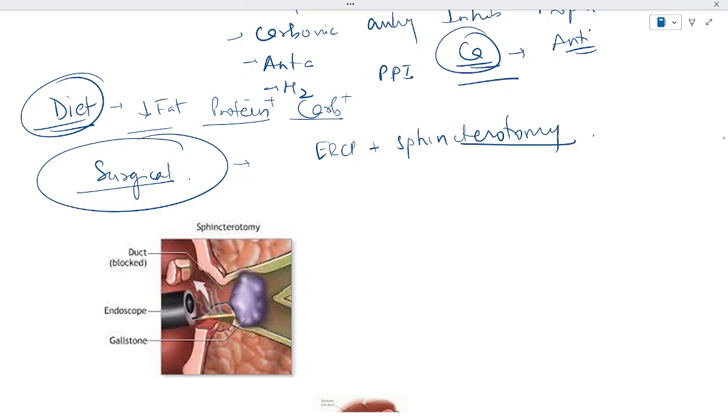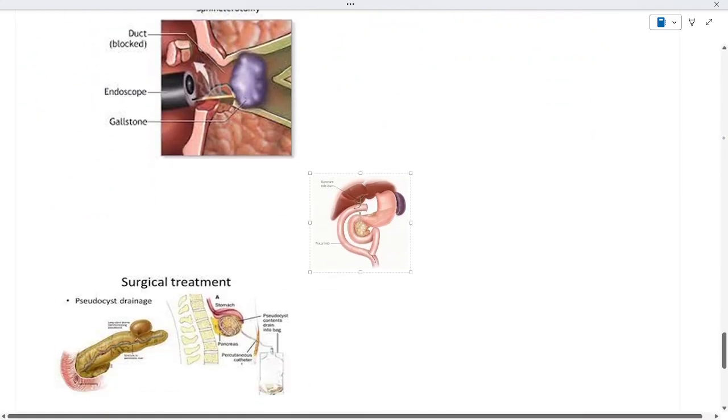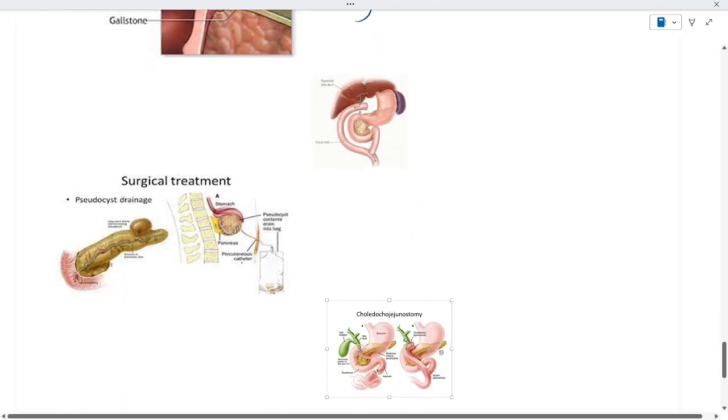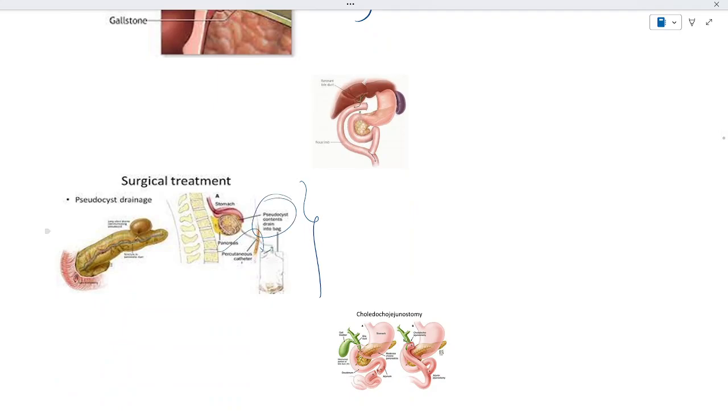Next is percutaneous drainage of pseudocyst, and these are the picture presentations of the surgical treatments. You can visualize the sphincterectomy being done here, and the pseudocyst drainage, where the collection is drained into a bag. Also next are choledochojejunostomy and pancreatojejunostomy, with picture presentations of both.